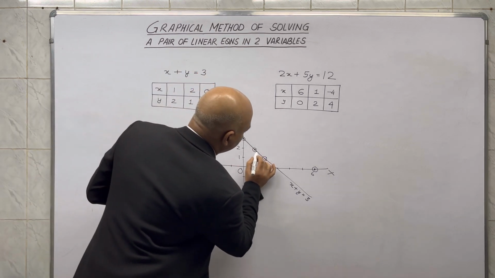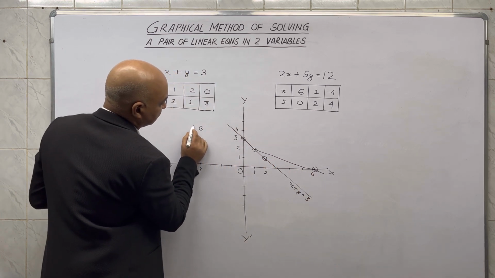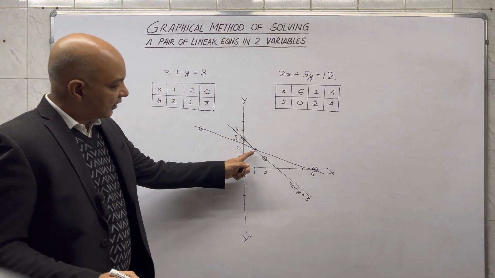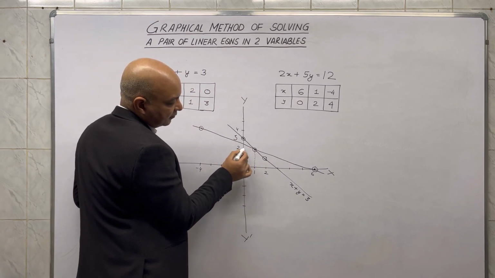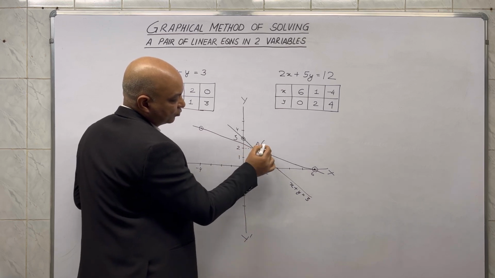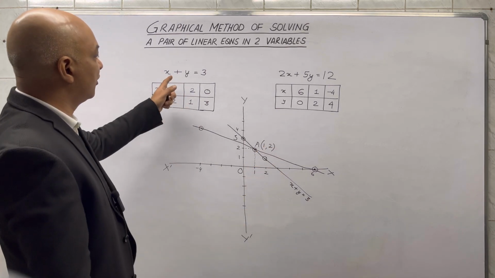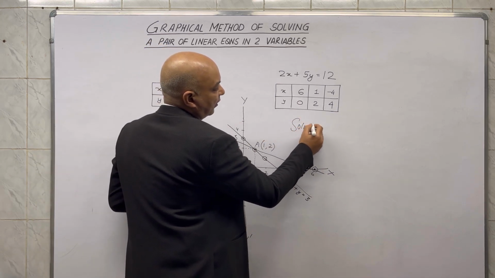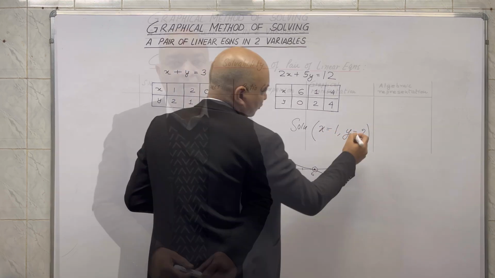Now if you join these also, as you can see, I have got the point of intersection of these two as x1 and y2. So this becomes the solution of this pair of equations: x is equal to 1 and y equal to 2.